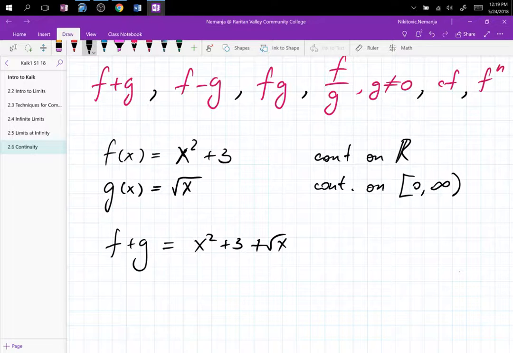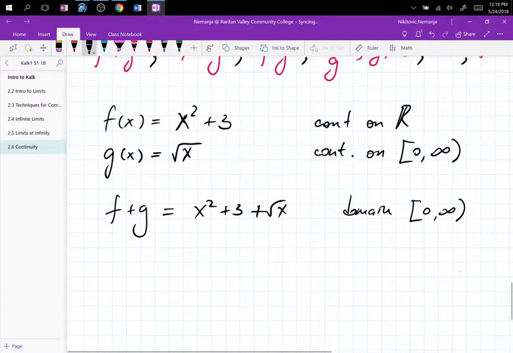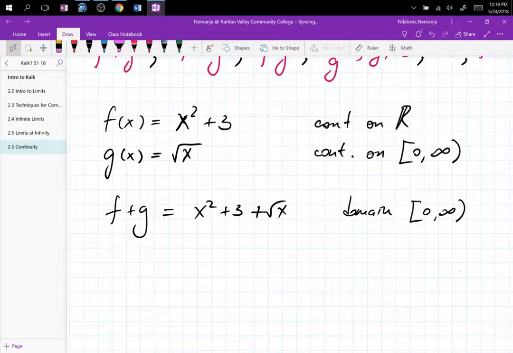The domain for this, if you remember your pre-calculus at all, is 0 to infinity. Right? The most restrictive domain is the domain for the entire new function. And the theorem that we just covered claims that this function combination will be continuous on this combined domain.